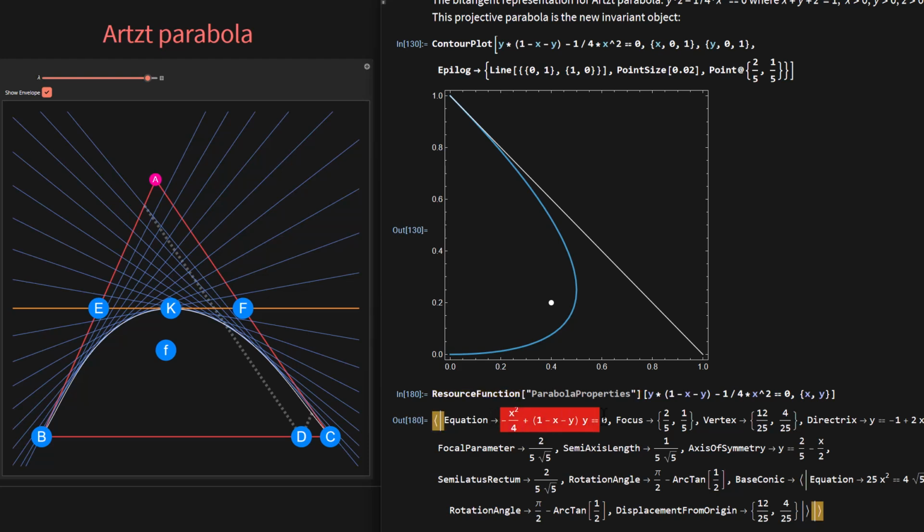So we have the equation here, and the focus point, which is marked here. The vertex I did not mark, but it should be somewhere here. And the directrix is the line from which all the points share the same distance between this point and the directrix, somewhere on the line.